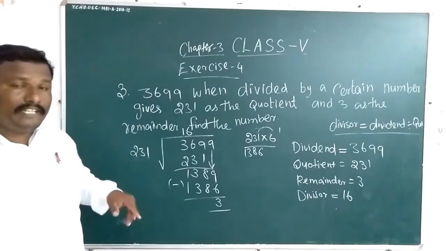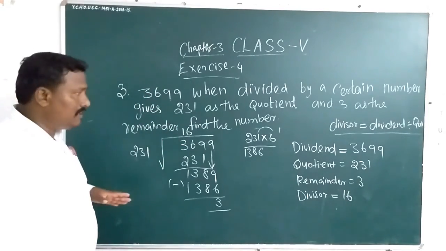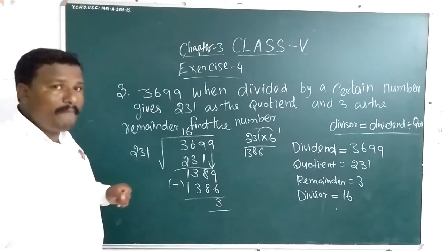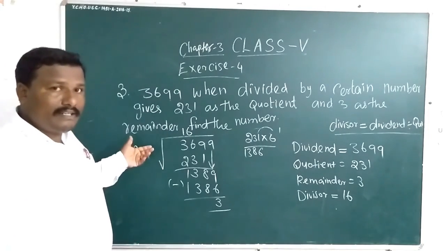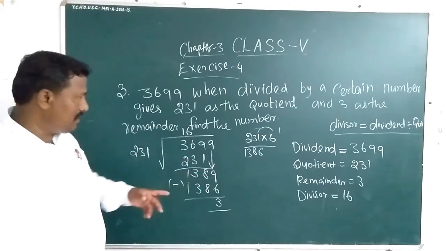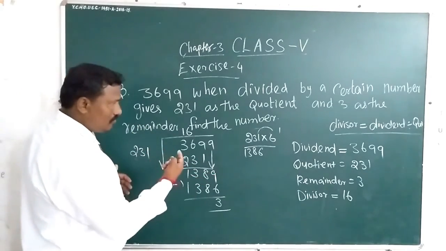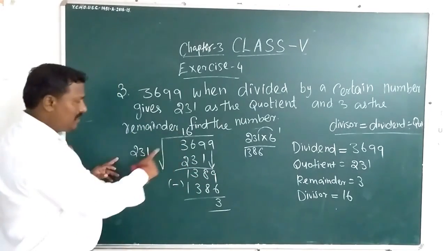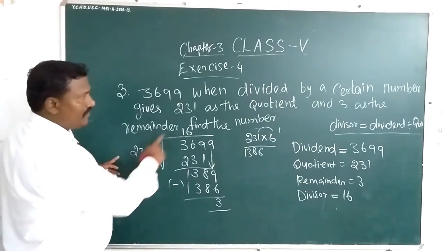If you want to check our answer is correct or not, use the first formula. Dividend is equal to divisor multiplied by quotient plus remainder. Divisor 16, quotient 231 as per this sum.